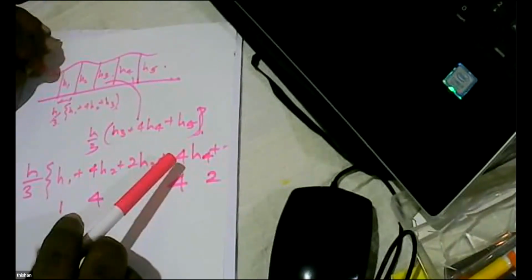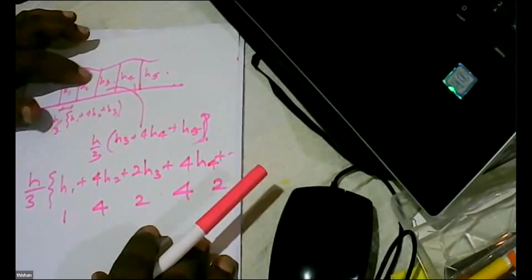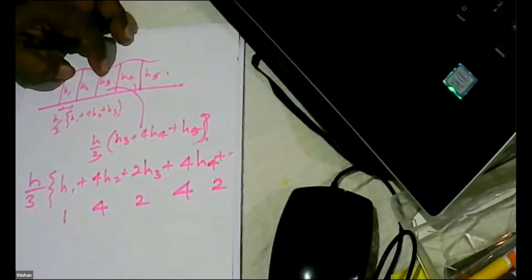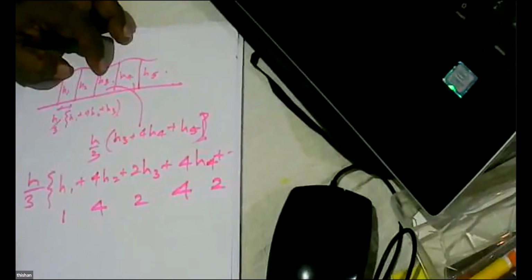So basically, if you look at Simpson rule, here you get H1, H2, H3, H4, H5. The area of this particular one is given by this equation, and the area of this one is given by this equation.